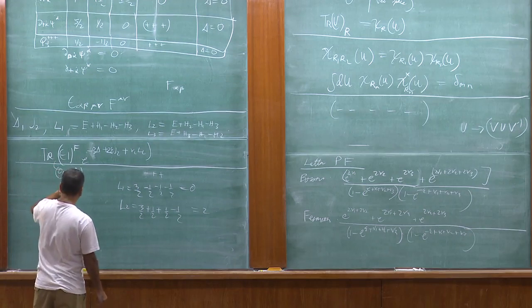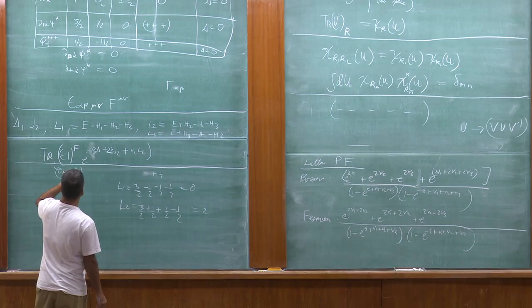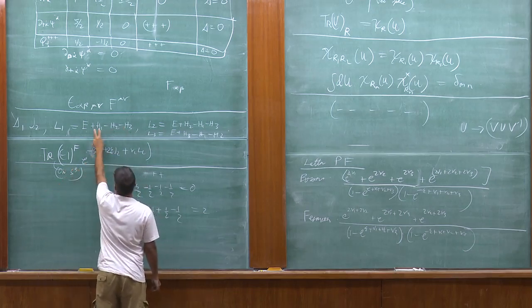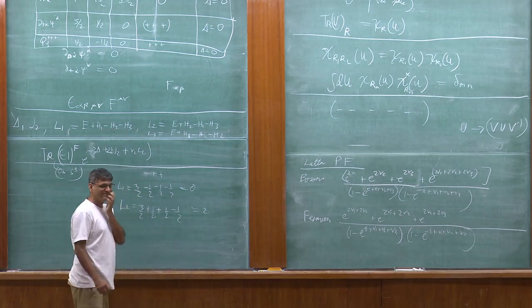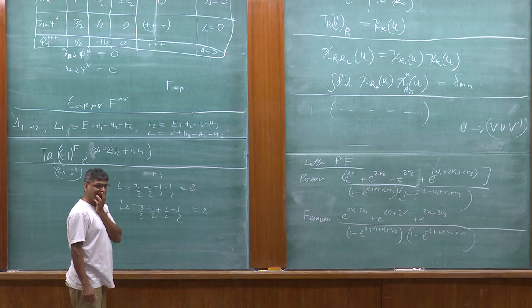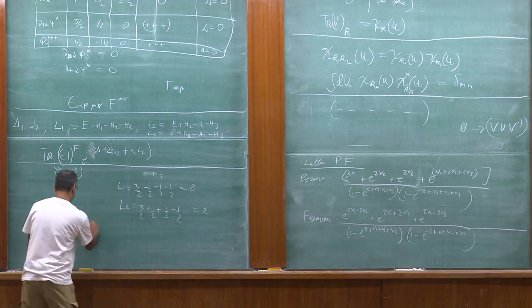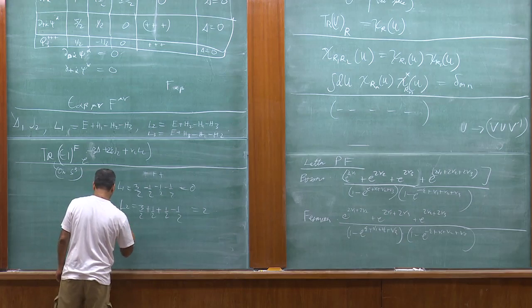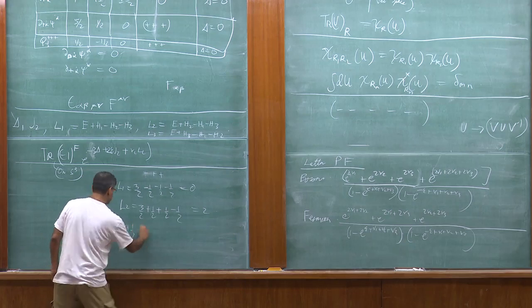So it's 3 halves minus half, plus half. So that's 2. 3 halves, minus half, plus half is 1. Plus half, yeah. It's equal to 1.